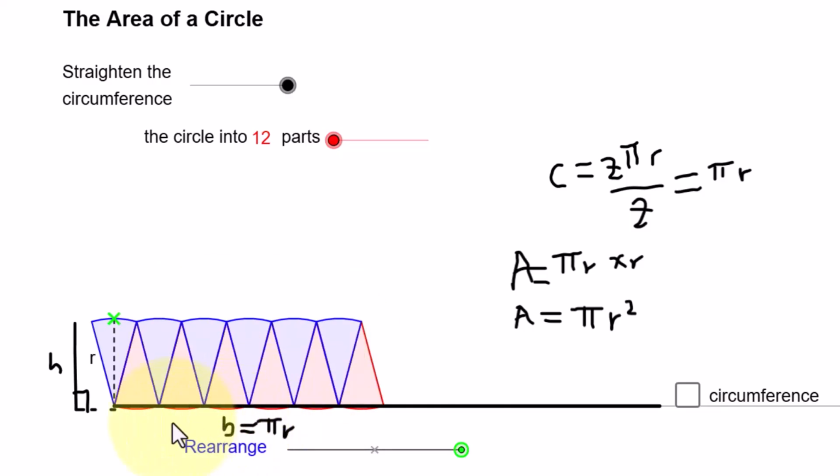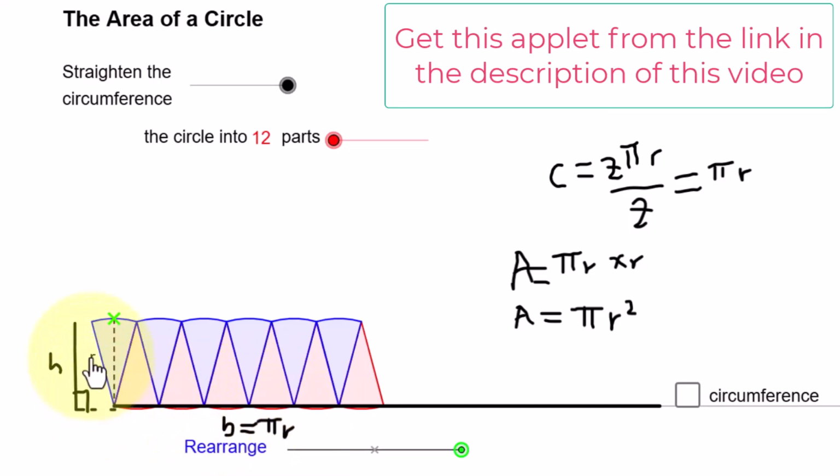So now what is the area of a parallelogram? That is base times height. Seeing this full length is the circumference, divide it by 2, that is pi r. Now pi r serves as the base, then the height is the radius. Area of a parallelogram is base times height. Therefore, area in this case is going to be pi r times r. Then pi r times r will give us pi r squared. So this is how the area of a circle is being generated.